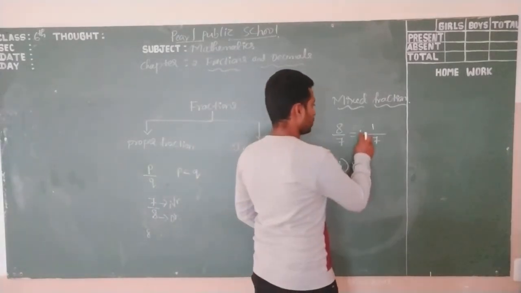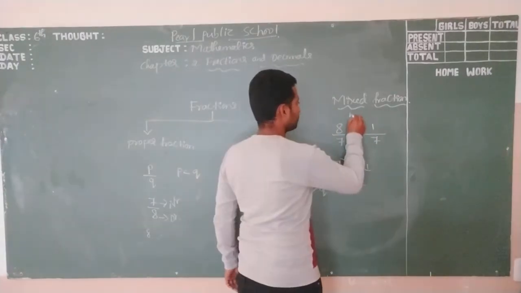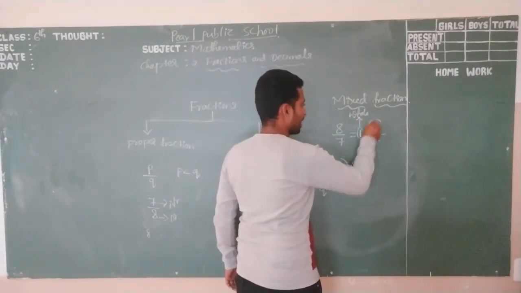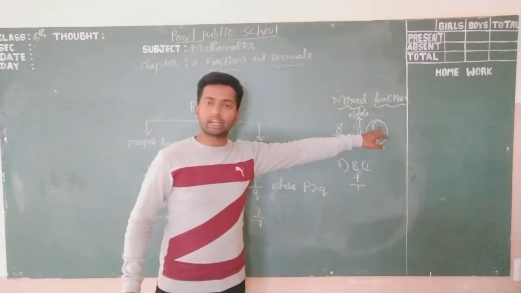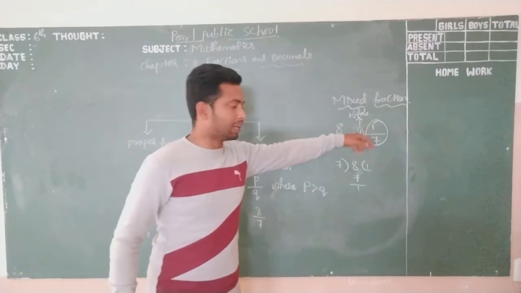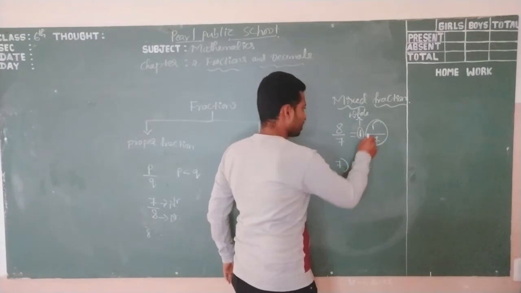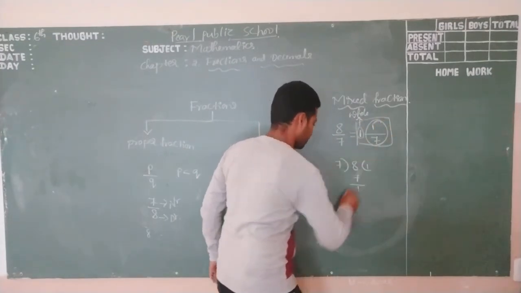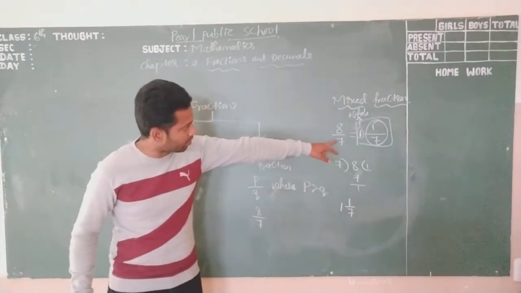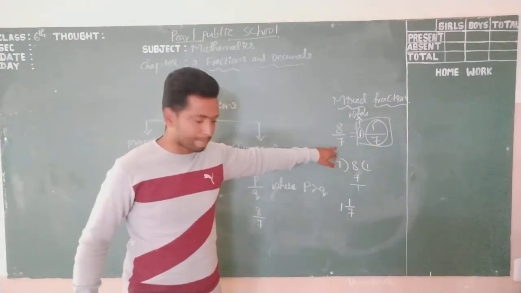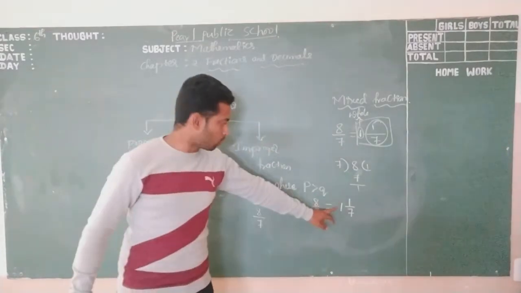So 1 by 7. Here 1 is a whole number, whereas 1 by 7 is a proper fraction. Why is this a proper fraction? Because the numerator is less than the denominator. So the mixed fraction: we are converting this improper fraction 8 by 7 into a mixed fraction, 1 and 1 by 7.